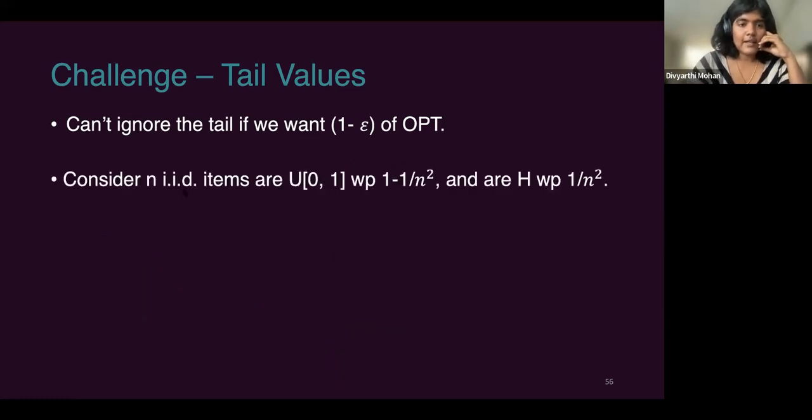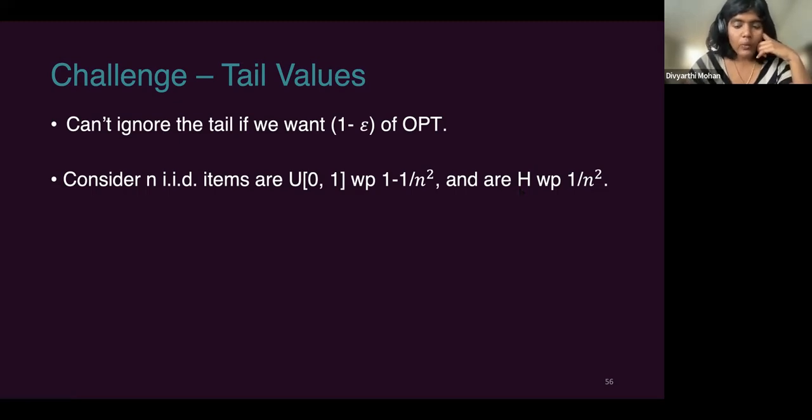For instance, consider this example where we have n identical items. With a very high probability, the value for the item is drawn from uniform 0, 1. And with a very small probability of 1 over n squared, it takes a huge value h.